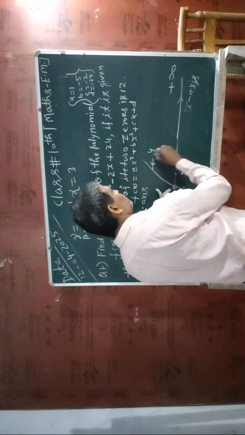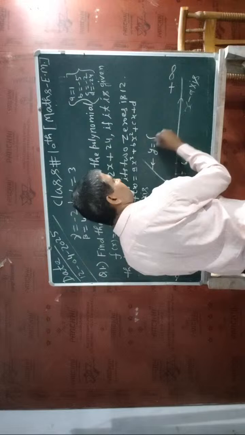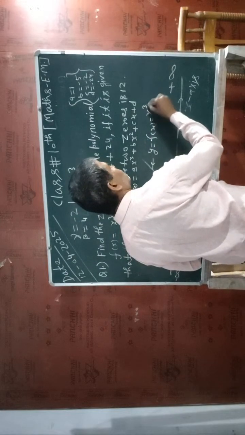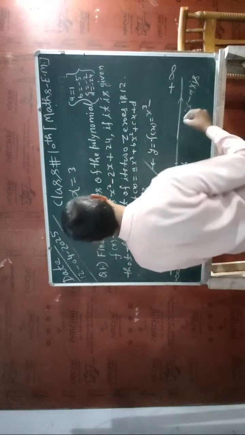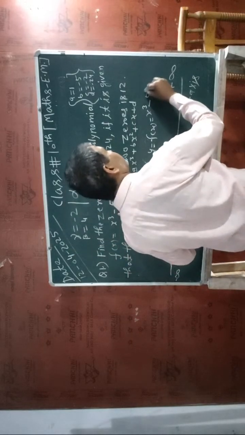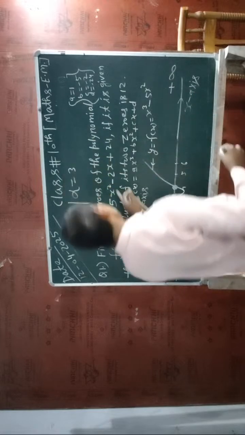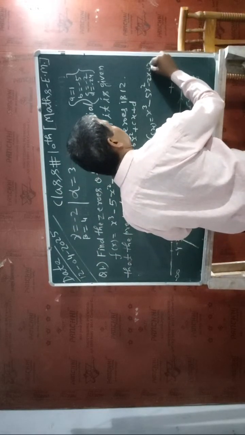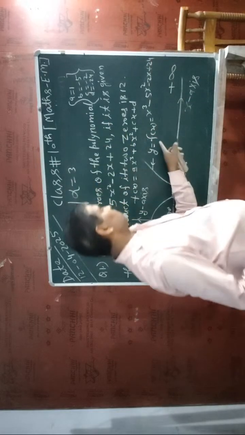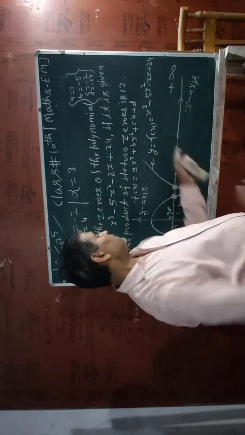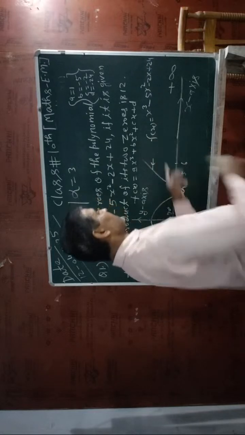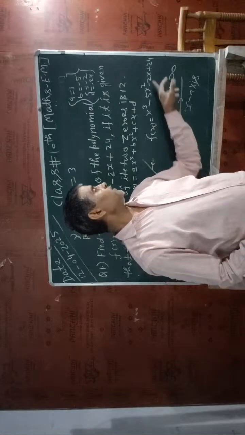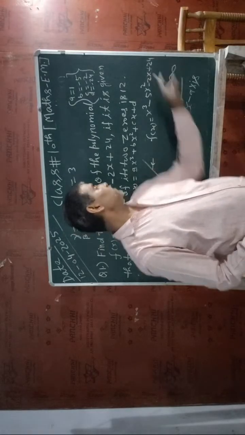I am writing here y is equal to f(x) is equal to x cube minus 5x square, and then minus 2x, and then plus 24. I can write f of x is equal to x cube minus 5x square minus 2x plus 24.